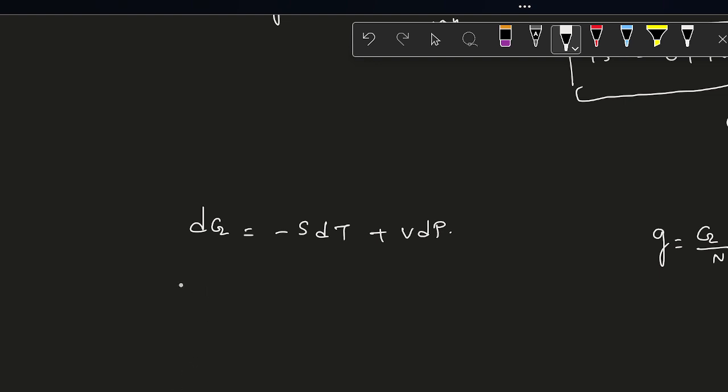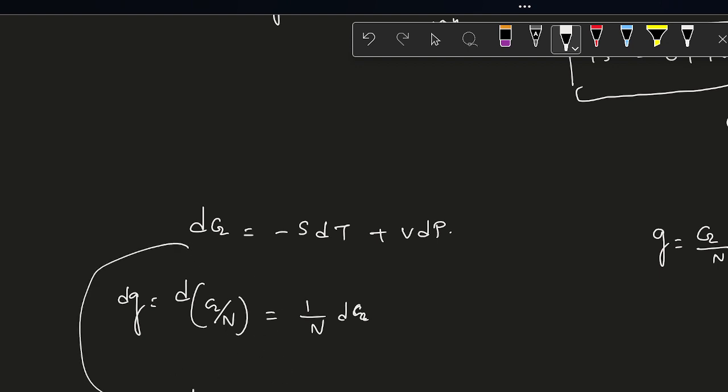Once that is done, your d small g can be written as d of capital G by N. Because N is a constant, it does not get affected by the differential and can just come out, so this is 1 by N into dG. That means d small g is minus S by N dT plus V by N dP.